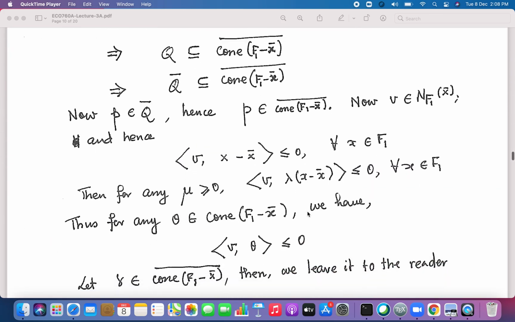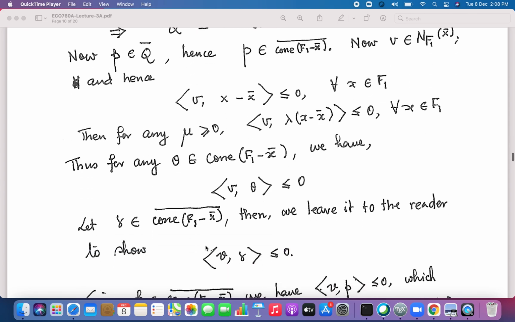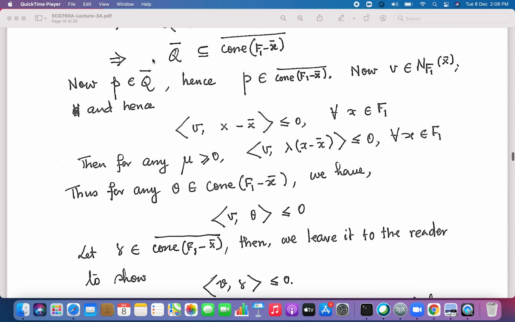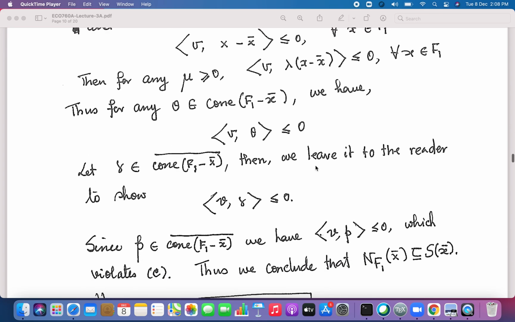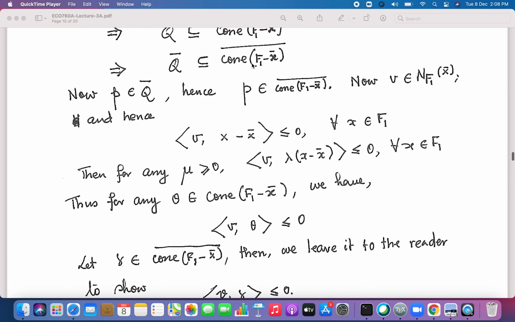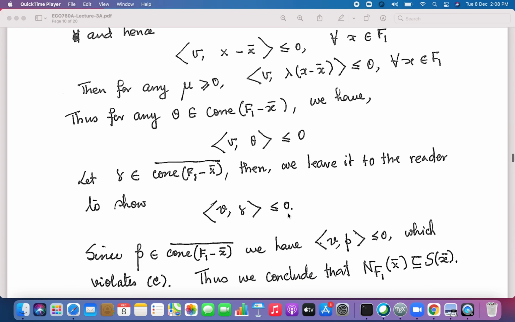Once we have done that, we show that if V is an element of N_F1(x bar), then for any gamma in the closure of the cone of F1 minus x bar, V gamma is less than or equal to 0. But since P is an element of Q bar, and thus in the closure of the cone of F1 minus x bar, V of P is also less than or equal to 0.